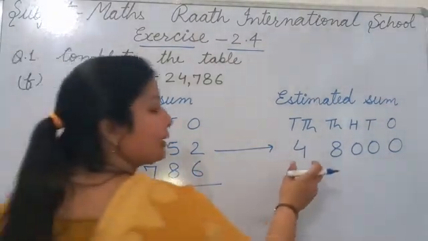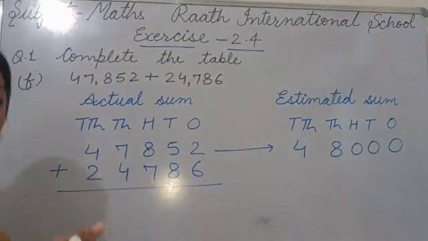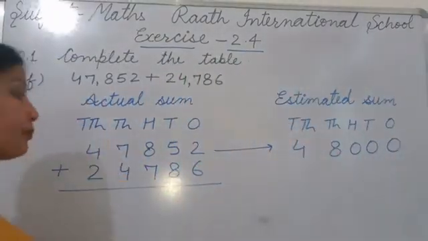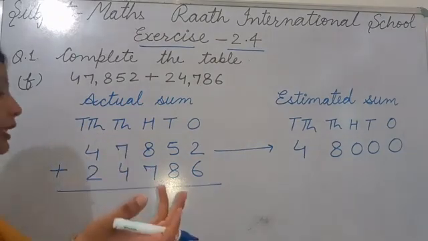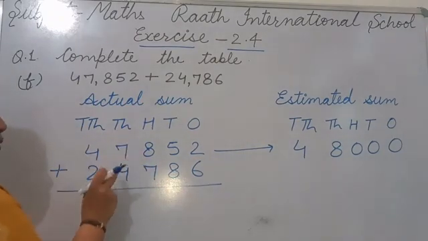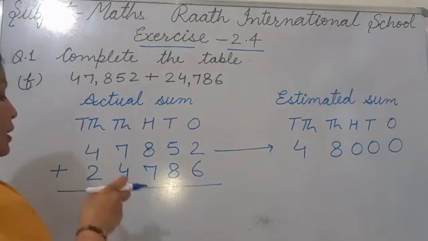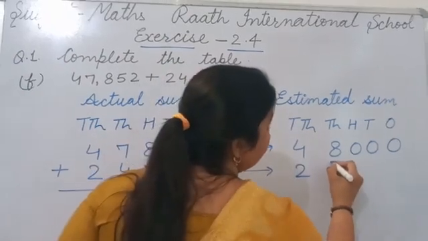So 10,000 will remain the same, and for 1,000 we will check whether it will increase or not, and after that all columns will be 0. Now again here we check the 100s column, 7, it is more than 5. So again we increase the 1,000s column. So 4 plus 1, 5, and 10,000 remains the same. So it becomes 25,000. Okay.